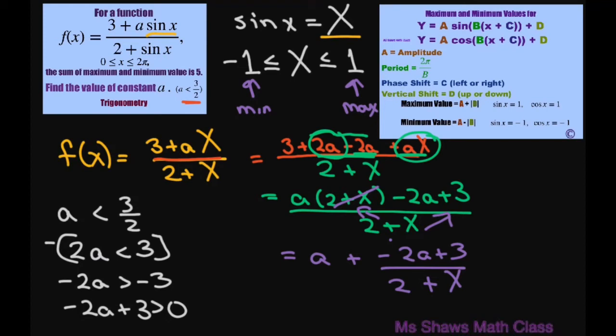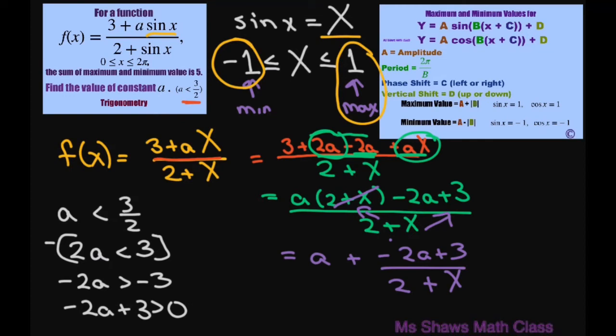All right, so we're going to go from there. So we're going to look at when X is negative 1. We're going to look at this one for the minimum and this one for the maximum.